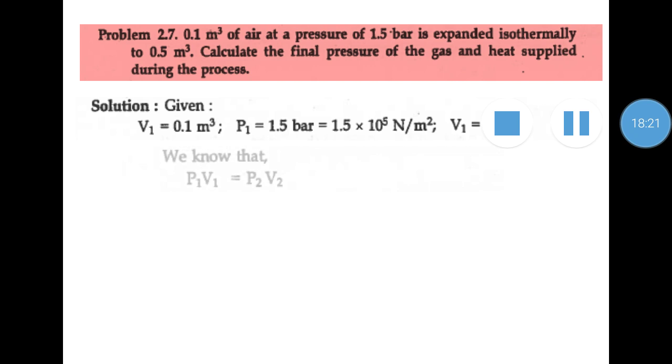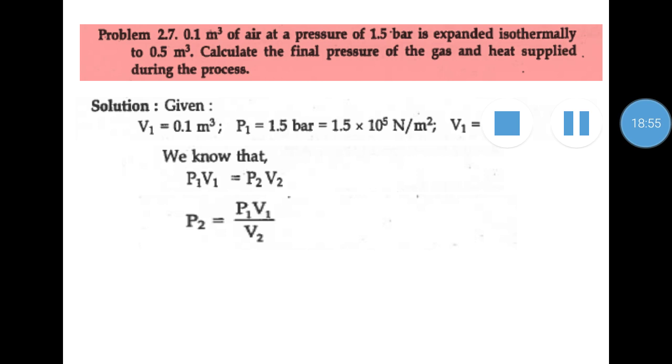We know the pressure-volume-temperature relationship during the thermodynamic process: P1 V1 divided by T1 is equal to P2 V2 divided by T2. But here T1 is equal to T2 is equal to T, since it is an isothermal process and temperature remains constant, so T on both sides gets cancelled, and only P1 V1 is equal to P2 V2 remains.